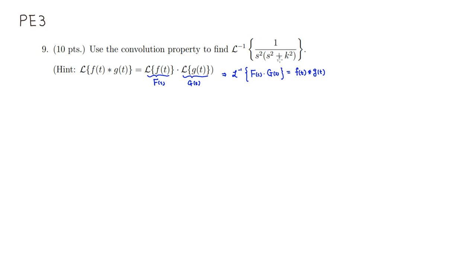If you look at this expression, we can split it as a product. You have 1 over s squared times the quantity s squared plus k squared, so this can be rewritten as 1 over s squared times 1 over s squared plus k squared.